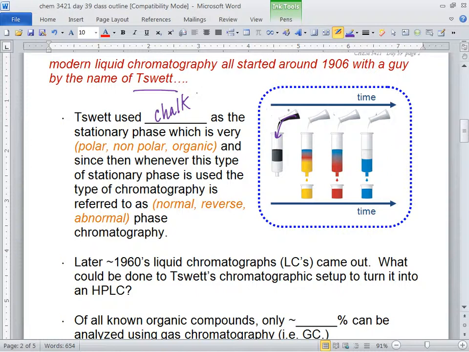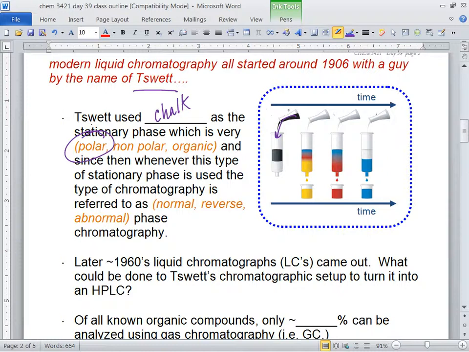Of all the chemicals known to man, where would calcium carbonate fall? Polar. Little polar or extremely polar? Extreme. Because of the calcium ions and carbonate anions, you can't get much more polar than that. So this is a very extremely polar substance.